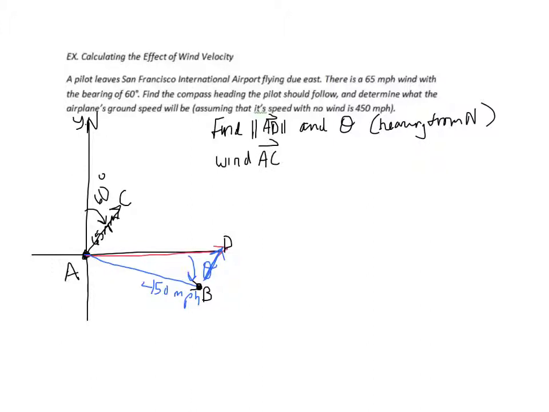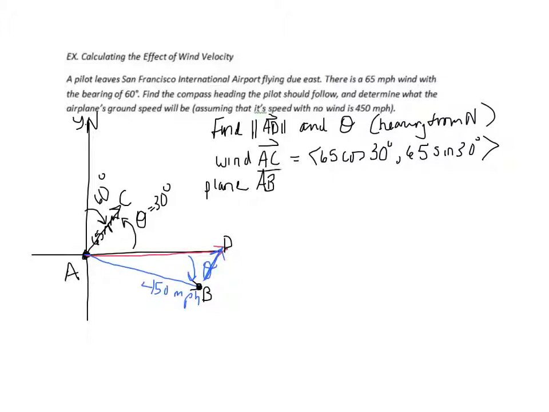The wind is going to be 65 miles per hour, the cosine of, and then I need this direction. The direction for that vector is 30 degrees. So 30 degrees, 65 sine 30. Okay, the plane is actually flying AB. That's where its actual heading is, plane AB.